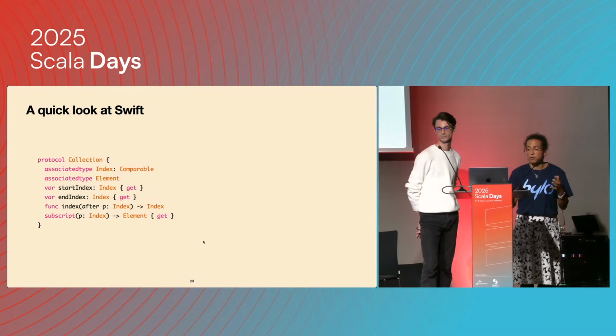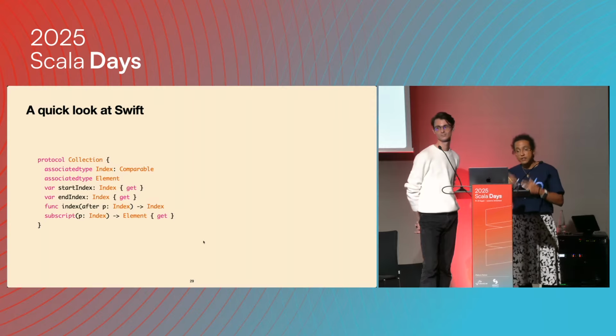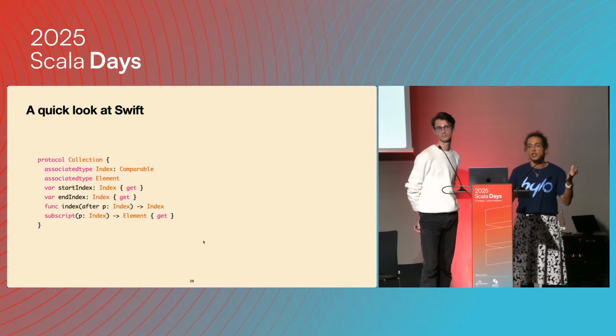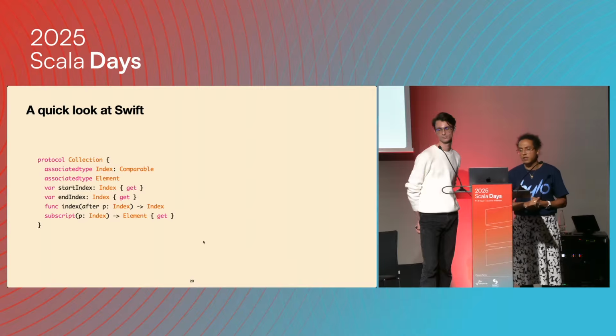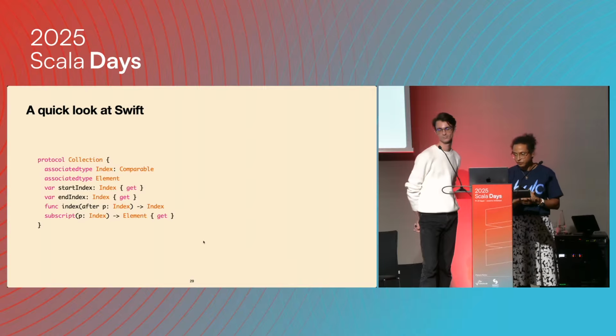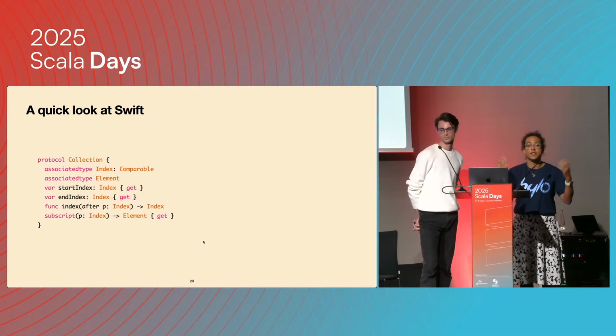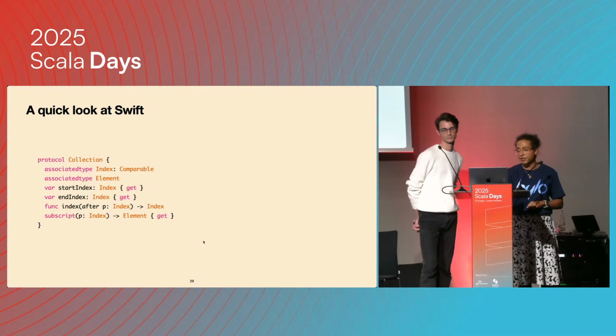Swift also relies heavily on type classes, and it does happen to have a collection trait in its library, and it looks something like that. This is exactly the requirements that we have already discussed, so let's not spend too much time on it. This is roughly the equivalent of Seq for Scala.